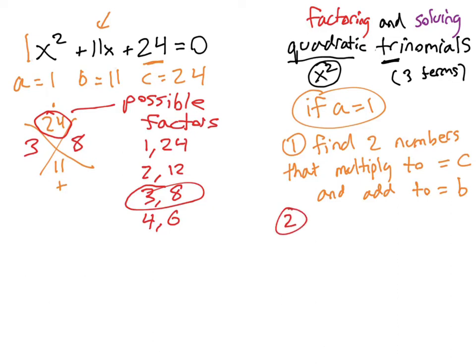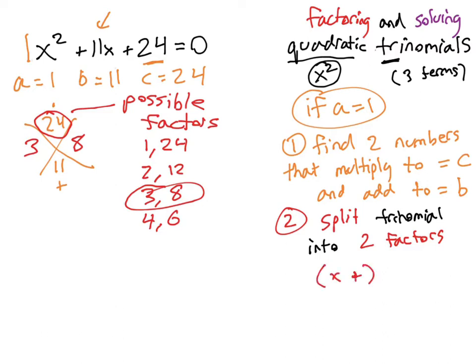Now we're going to factor this polynomial. So we're going to take the original equation that we had and split it apart into two factors. And the way that our factors will look is x plus one of the numbers that we found times x plus the other number that we found.